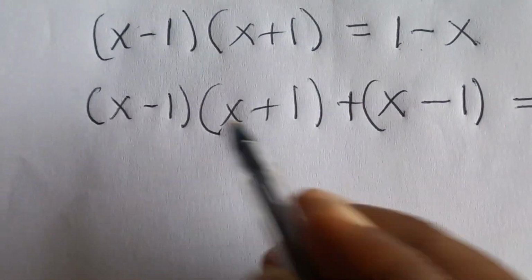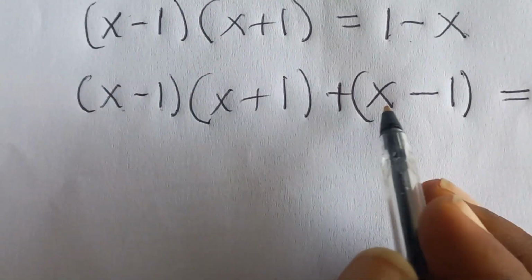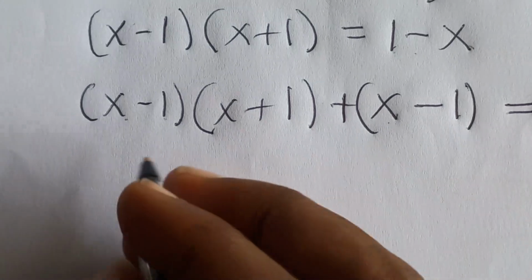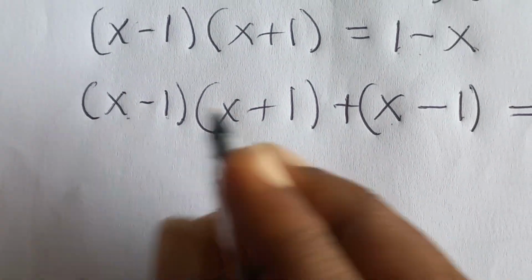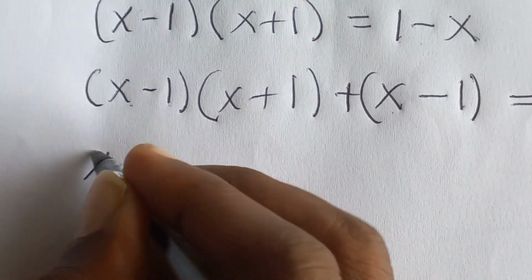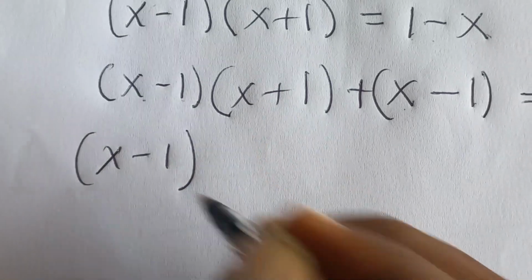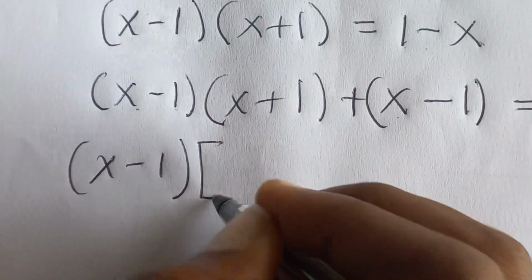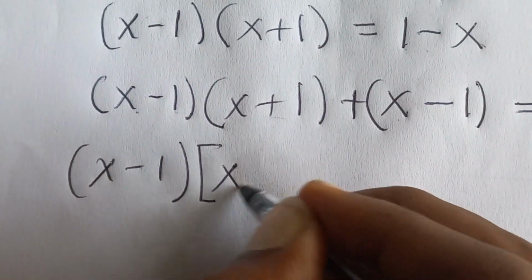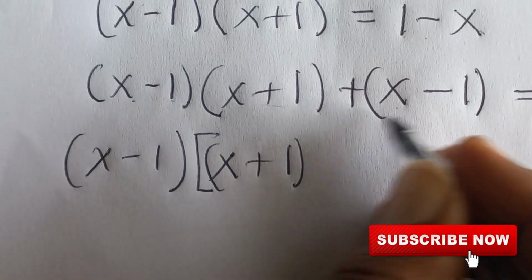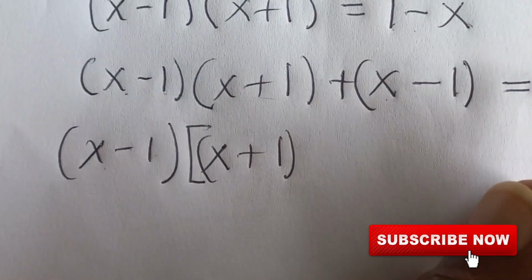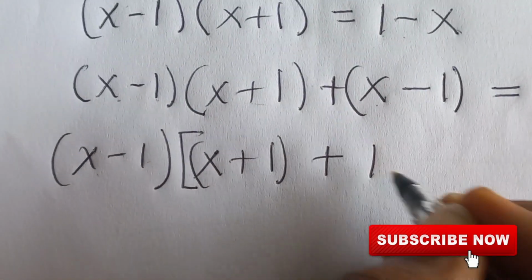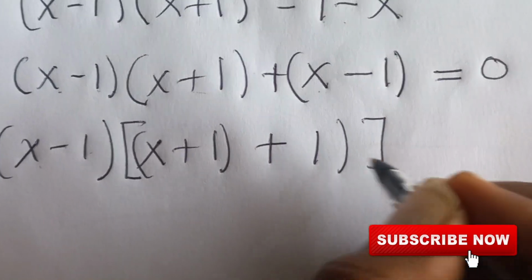Okay, now we have x minus 1 here and x minus 1 here. So let us factorize x minus 1 outside. Then we're going to get x plus 1, then x minus 1 divided by x minus 1, which is 1, and it's equal to 0.